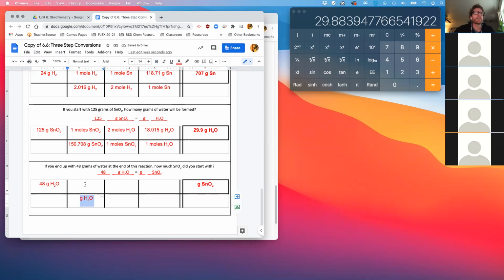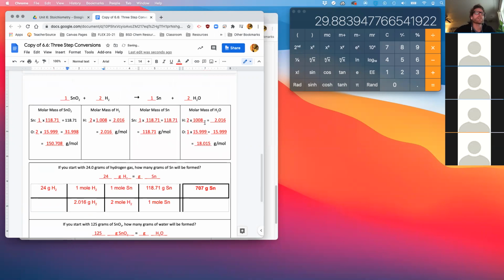Now I need to go from grams of water into moles of water. I now need to go from moles of water into moles of SnO2. And then once I'm in moles of SnO2, I'm going to go into grams of SnO2, right? So I look at my molar mass for water, 18.015.